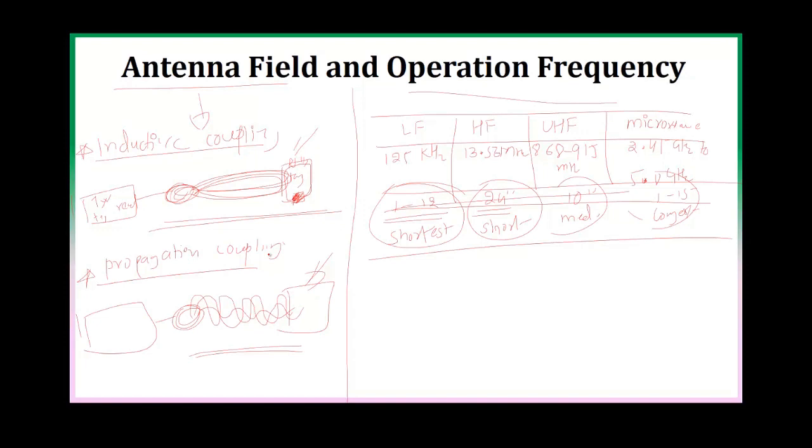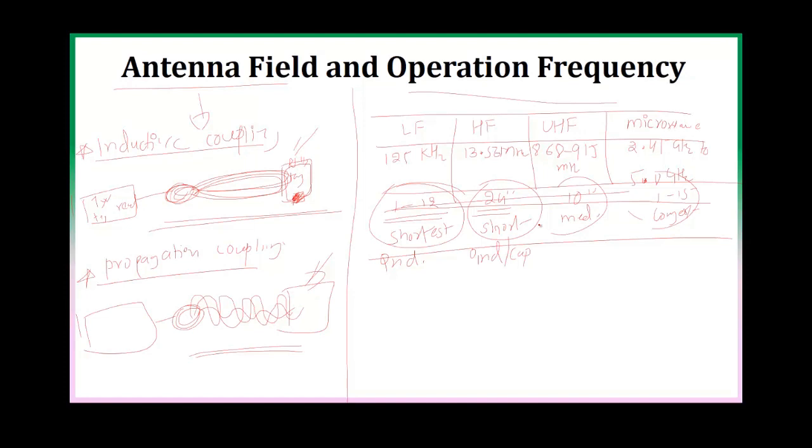Generally with the low frequency they have passive tags only, and they use inductive coupling. There are more couplings, inductive, capacitive, and all those things. So in low frequency it uses inductive coupling. For high frequency, they use inductive or capacitive coupling.